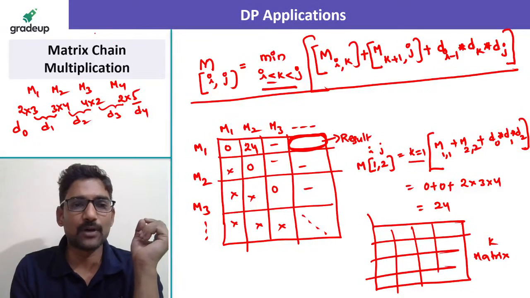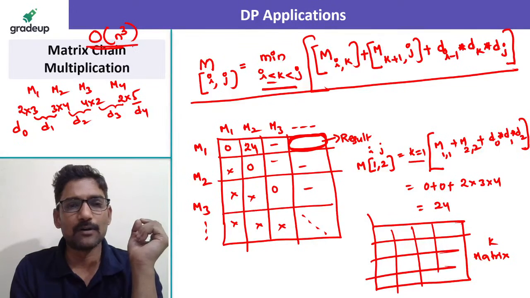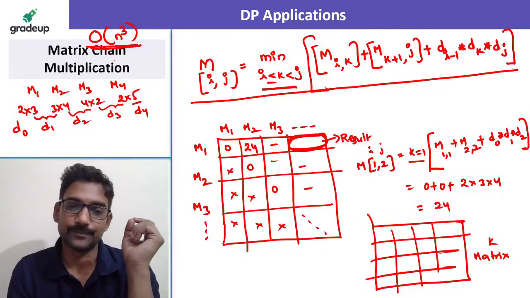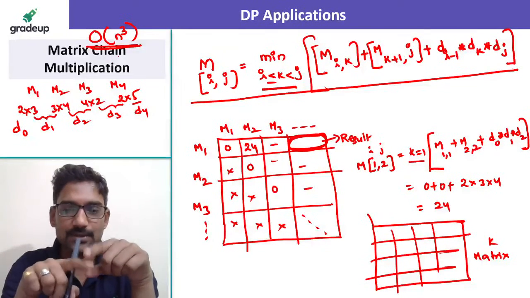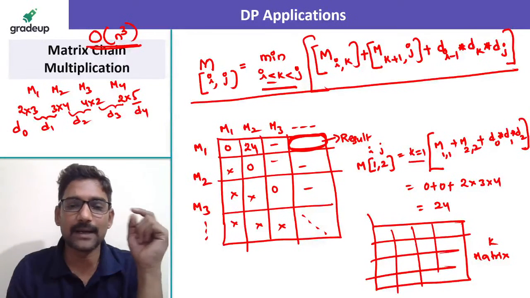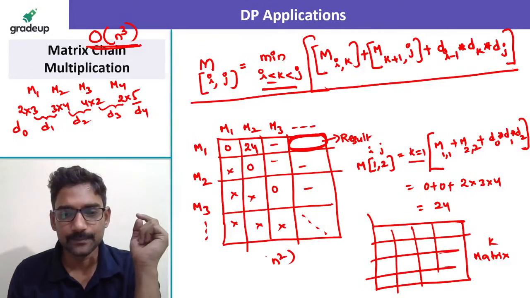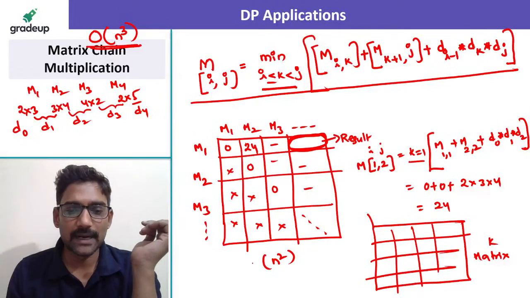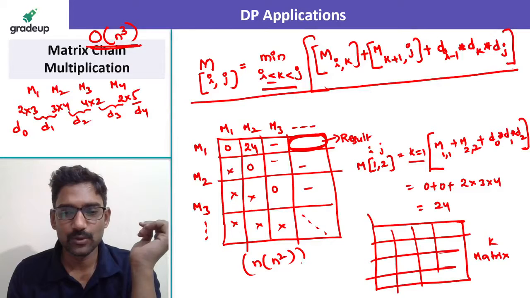And what is the time complexity of matrix chain multiplication? Big O of n cube. You are constructing the matrix for every element. For construction of the matrix, it is n square time. For n matrices, so this is n into n square. You can say that is n cube.